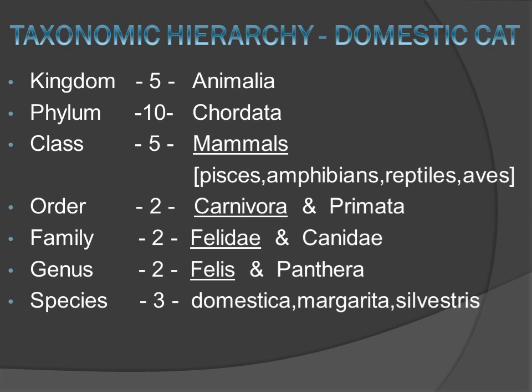Meanwhile, several similar characterized genera will come under the same family, and several similar characterized families will come under the same order, and similar characterized orders will come under the same class, and similar characterized classes under the same phylum, and a few similar characterized phyla may come under the same kingdom. Understand?